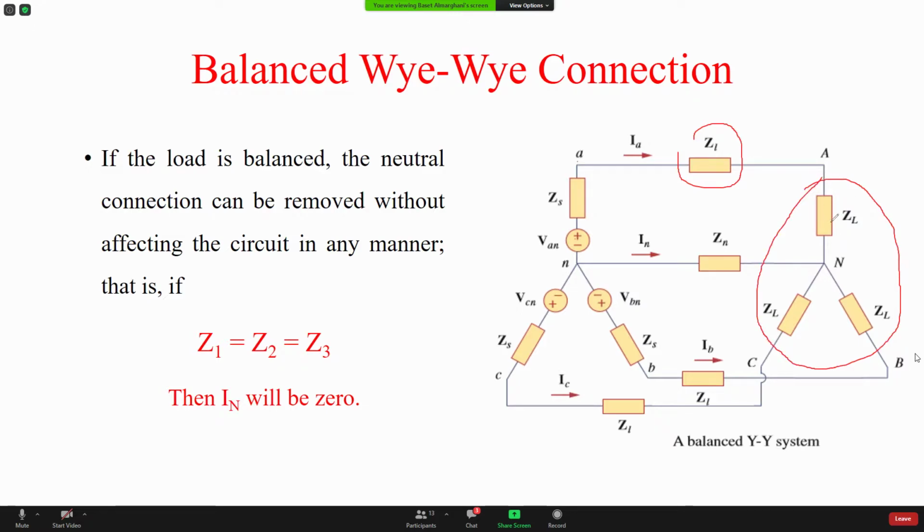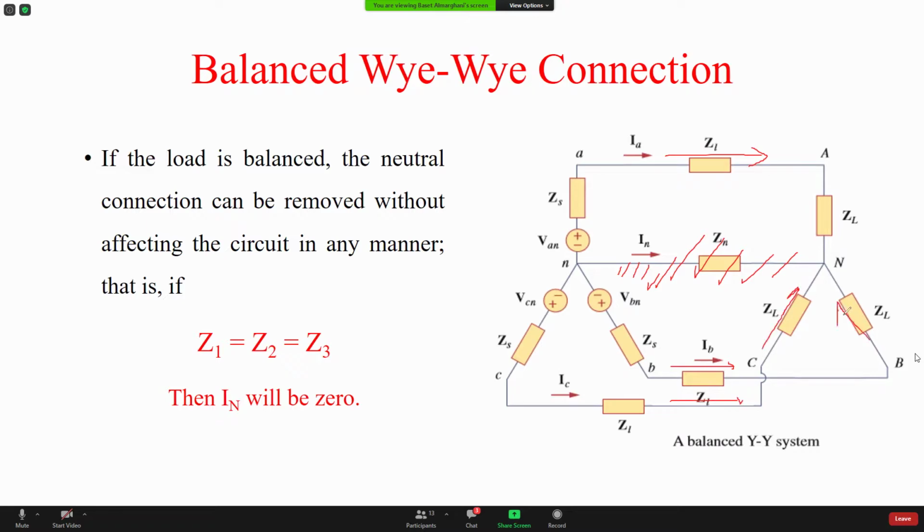as well. Now, sometimes you have a neutral to neutral connection, this wire, and since it's a wire, it will have impedance as well. But this is not going to affect my calculation. The reason: current IA going this way, current IB going this way, current IC going this way, they're going to go here in the load.